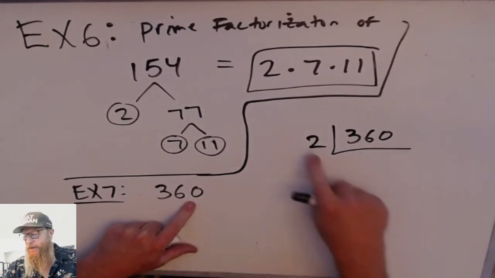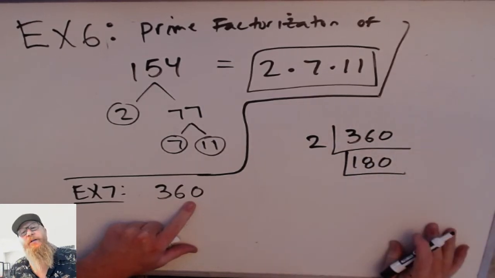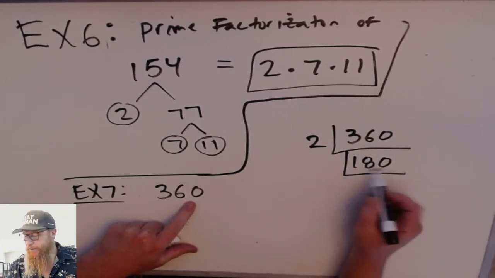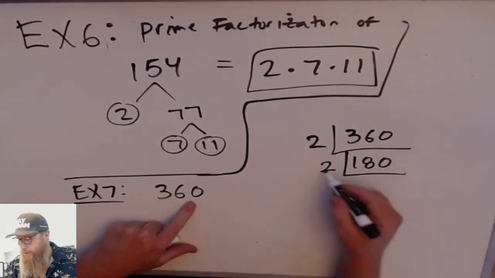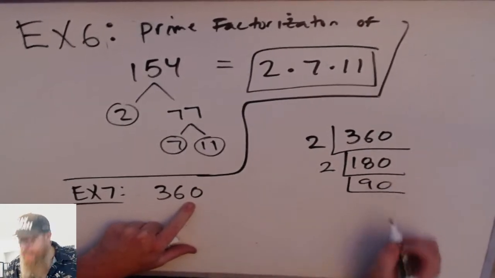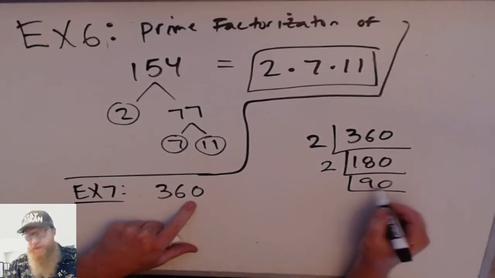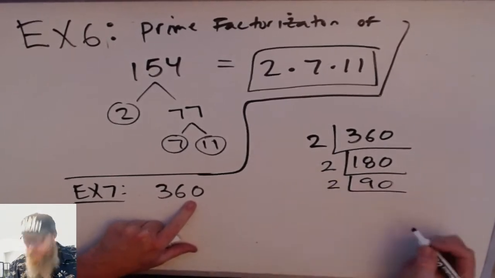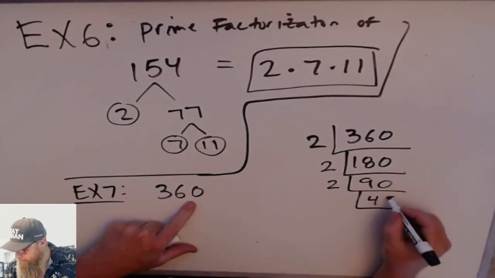Yeah. 2 goes into 360 180 times. All right, what's the smallest number that goes into 180? 2 again. Yeah. 2 goes into 180 90 times. Smallest number that goes into 90? 2 again. Yeah. 2 goes into 90 45 times.